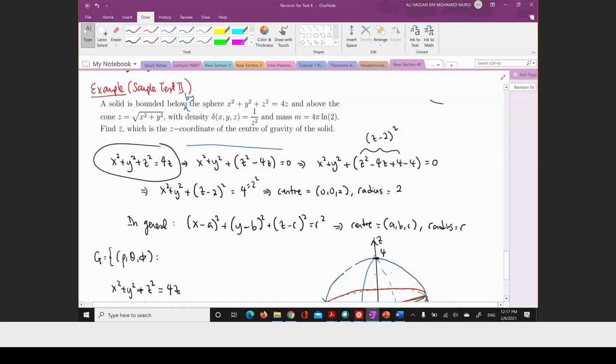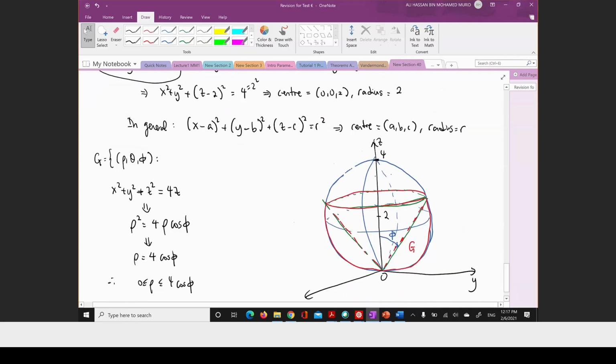This is the other way around. It is bounded below by the sphere and above by the cone, so it is part of the sphere under the cone.